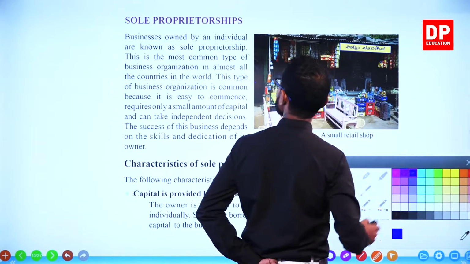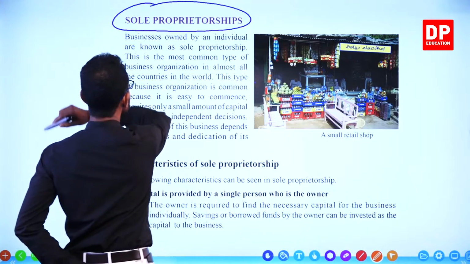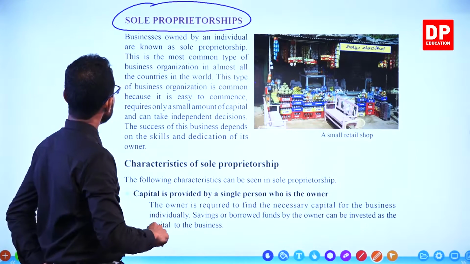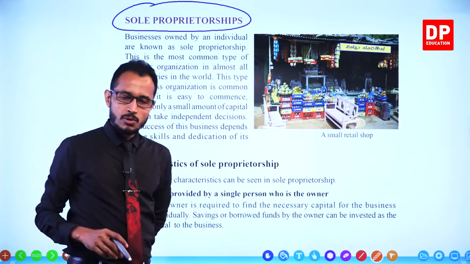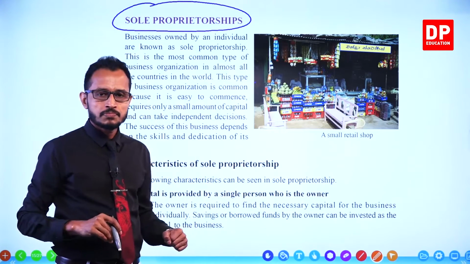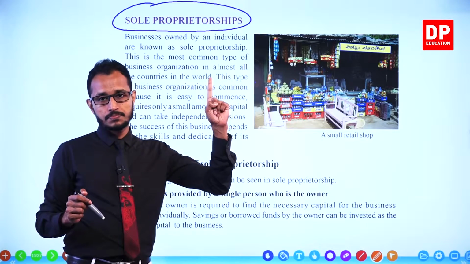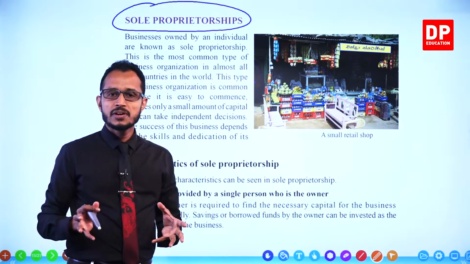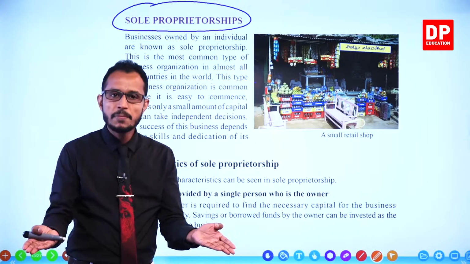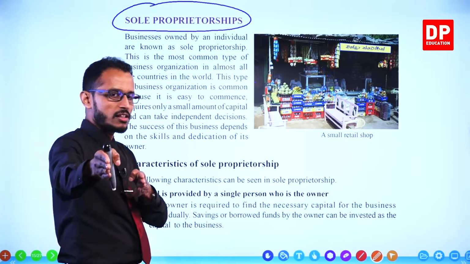Starting with sole proprietorships. You already know what these businesses are. The main feature is there's only one owner. The same person who invests his money and starts the business carries on the business by himself.